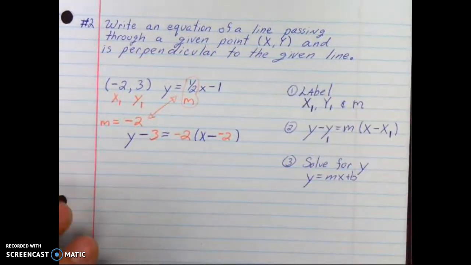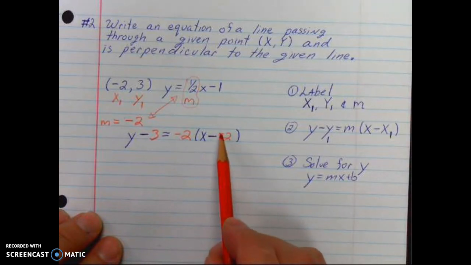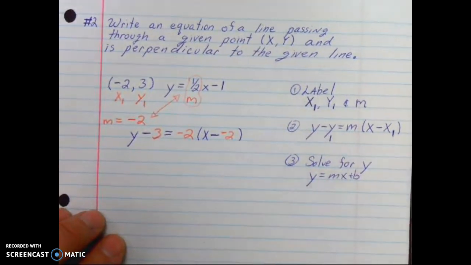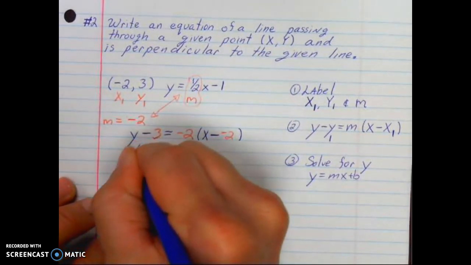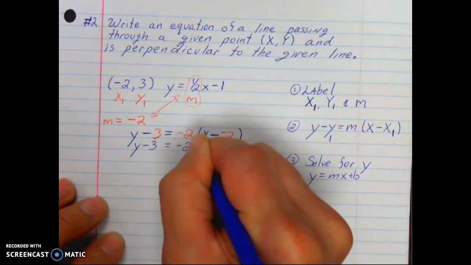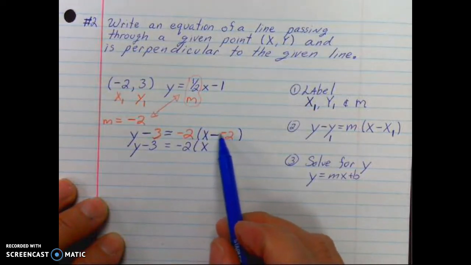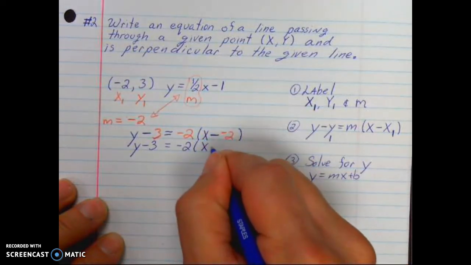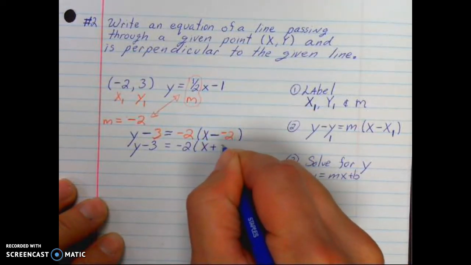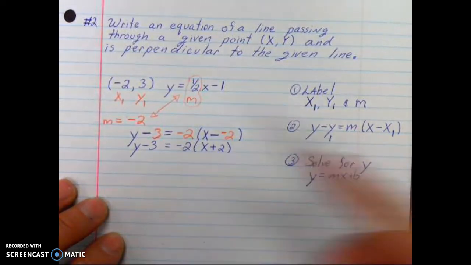And if you ever see the minus sign next to a negative sign, you have one extra step, just rewrite it: y minus 3 equals negative 2x, but only because there's these two negative signs, you can make it a positive 2. If you don't have that problem, then you can just skip that extra step.